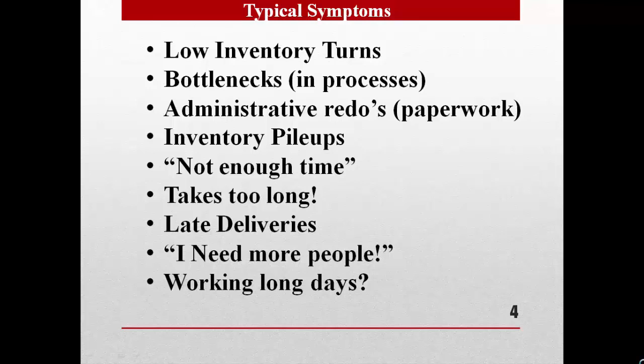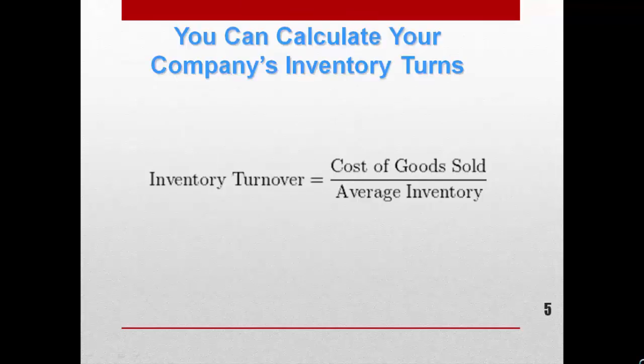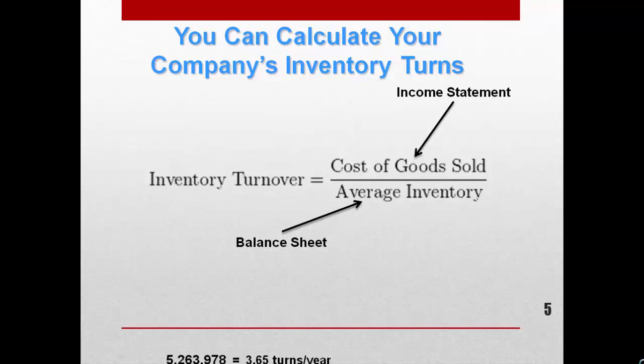Okay, so let's start with calculating your company's inventory turns. Notice in the upper right, it says income statement. Every company has a set of books, and when they publish their end of the quarter or end of the year financial statements, they have at least two parts: an income statement, and, if you look down in the middle of the page, a balance sheet.